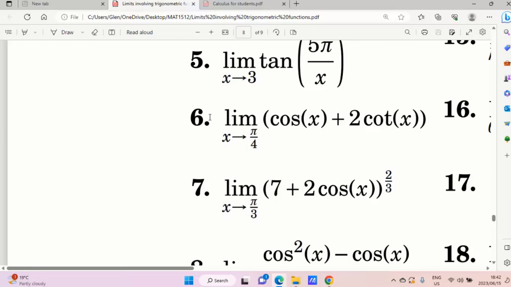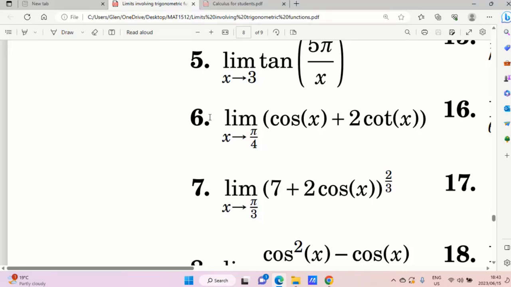Ndumiso? Yes, sir? Brother, you said your answer is 8 to the power 2/3, yes? Yes, sir. Now, what is 8? 8 is 2 raised to the power 3.